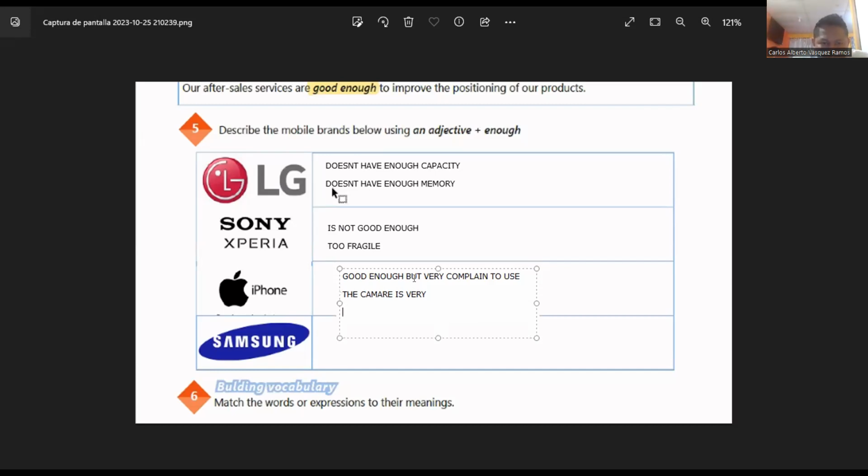Repeat, please. Doesn't need to have. No, it's correct. Yes, doesn't need to have memory RAM.